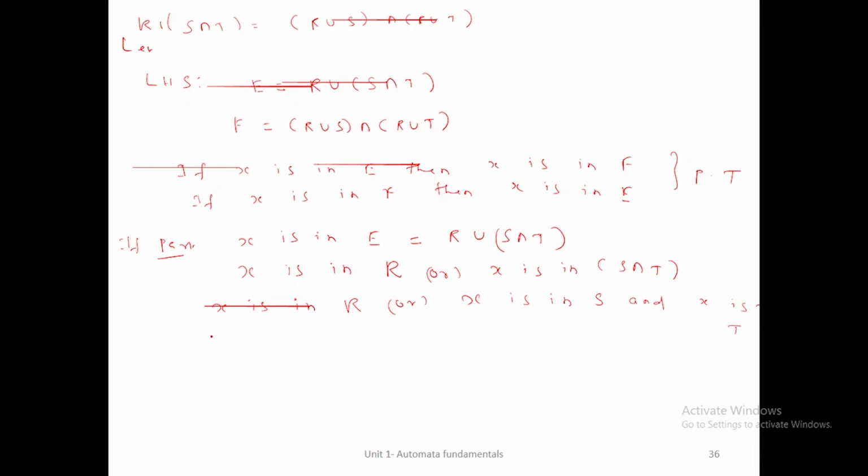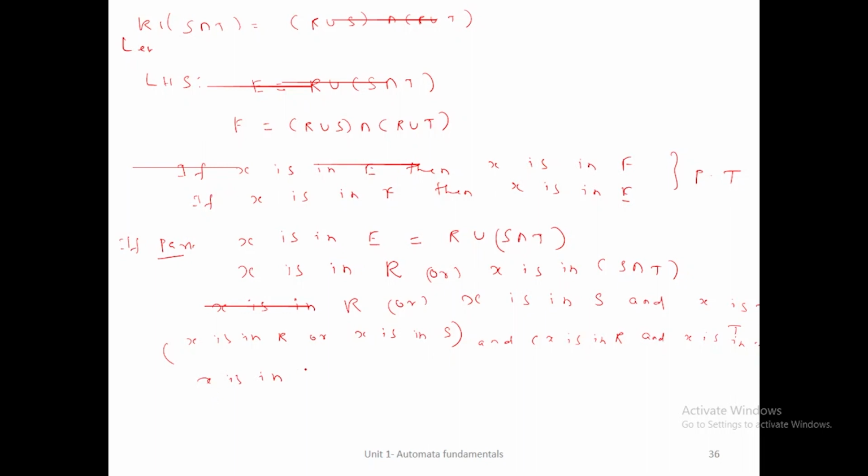So by the distributive law, we can write it as X is in R, otherwise X is in S. This is one category. And X is in R, otherwise X is in T.